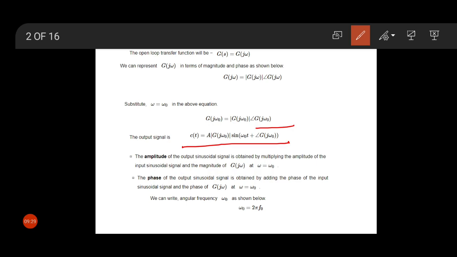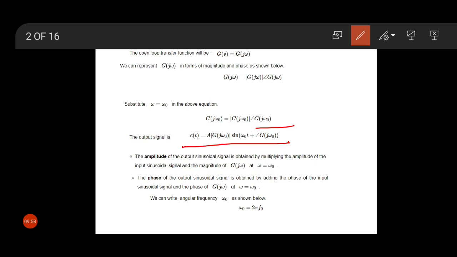Now, what is the amplitude? The amplitude of the output sinusoidal signal is obtained by multiplying the amplitude of the input signal and the magnitude of G(j omega) at omega equal to omega 0. The phase of the output sinusoidal signal is obtained by adding the phase of the input sinusoidal signal and the phase of G(j omega) at omega equal to omega 0.